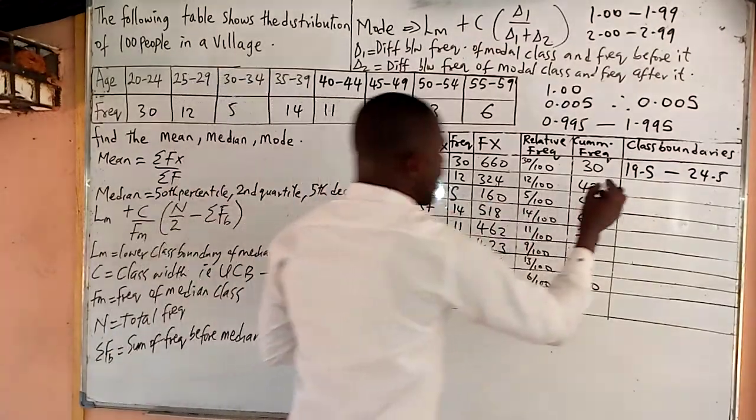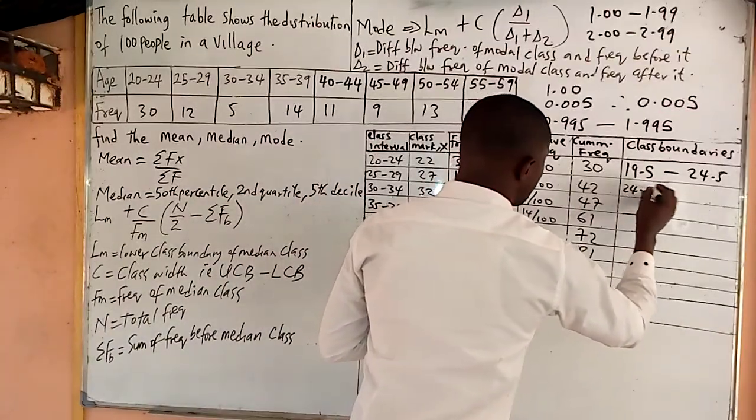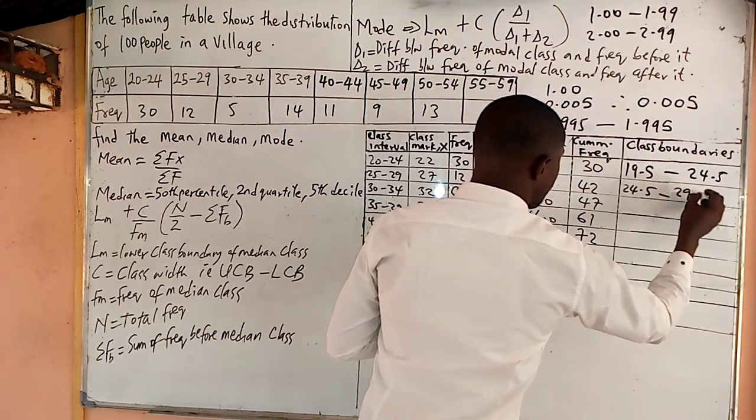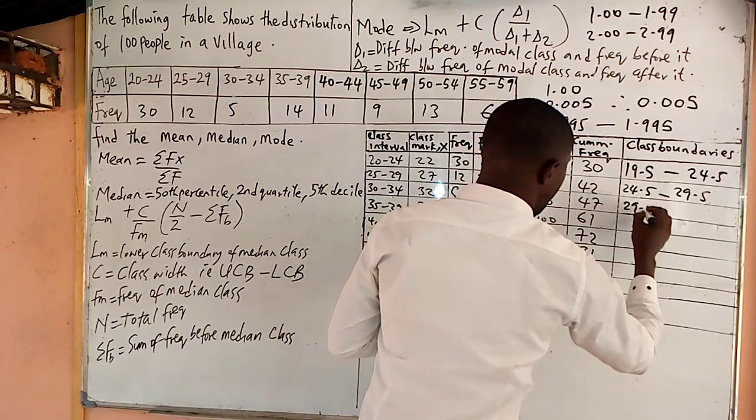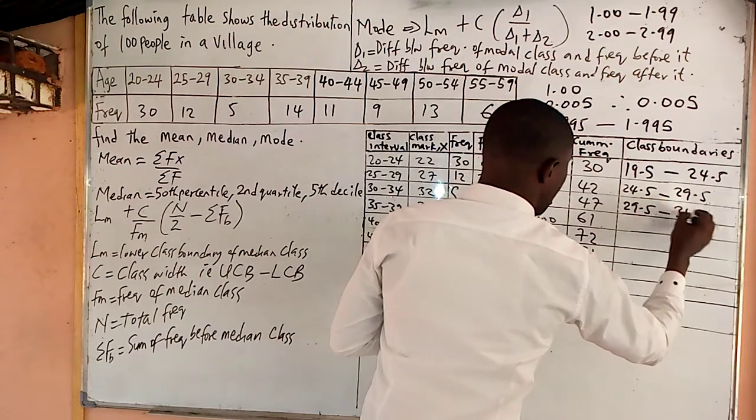Now, here we have 24.5 to 29.5, 29.5 to 34.5.